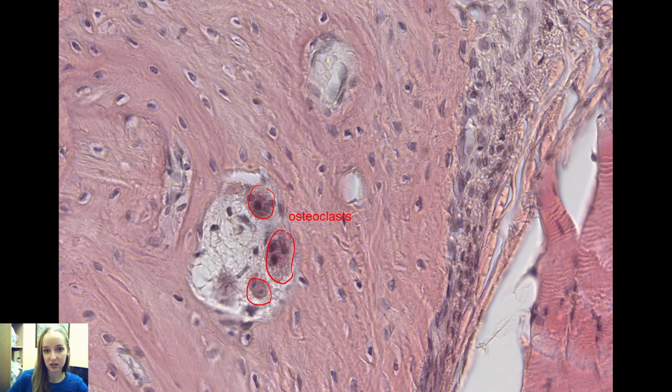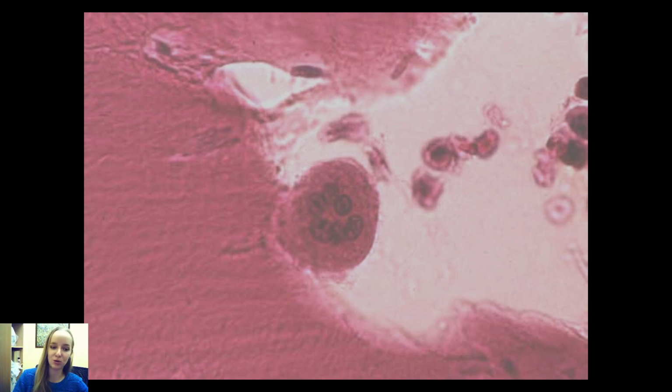Like macrophages, they have eosinophilic cytoplasm because they contain a lot of mitochondria. And there is also a huge one right here. Don't forget it's formed by fusion of many monocytes from the blood.